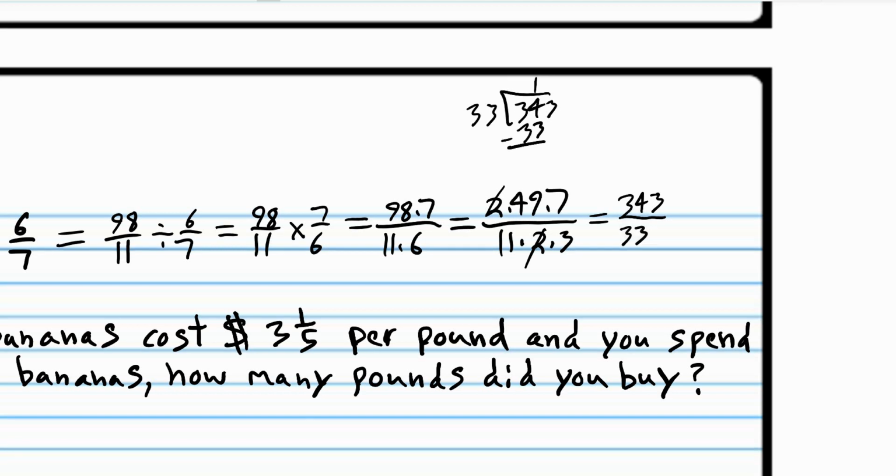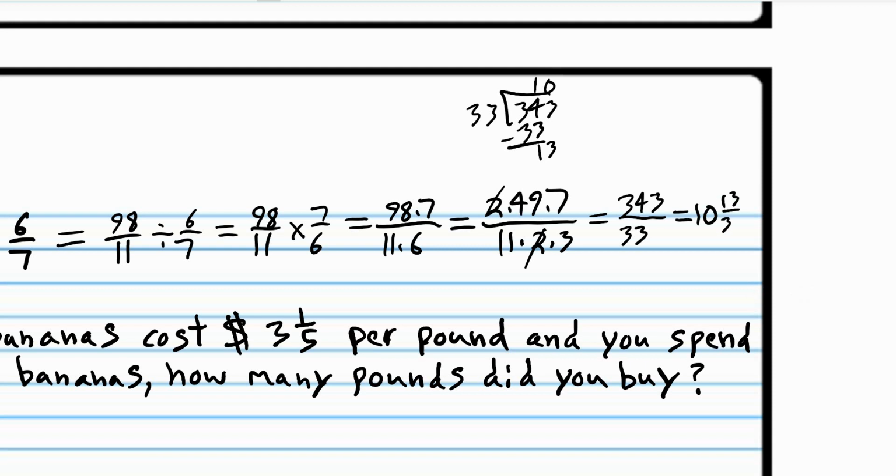Third step of the cycle, subtract 33 from 34, and you obviously get 1. And now you start the cycle all over again. So you bring down the 3, and does 33 go into 13? No, it does not, so you got to put a 0. So 33 goes in 10 times, and the remainder is 13.